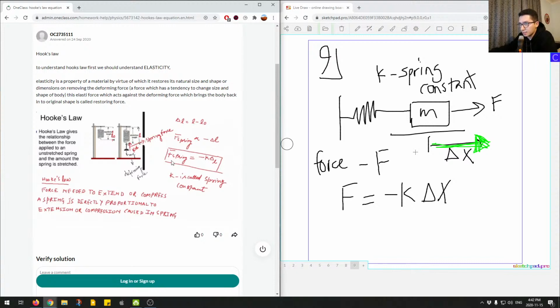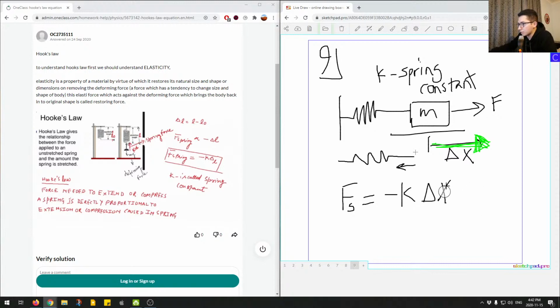Here we're defining this as force of the spring, S. So if we have a stretched spring, let me erase this a little bit, make some space. We know that if a spring is stretched, so I'll draw something like this, the force is going to be pulling in this direction.